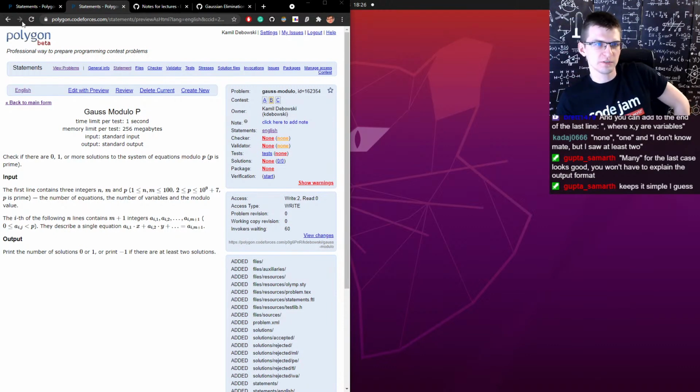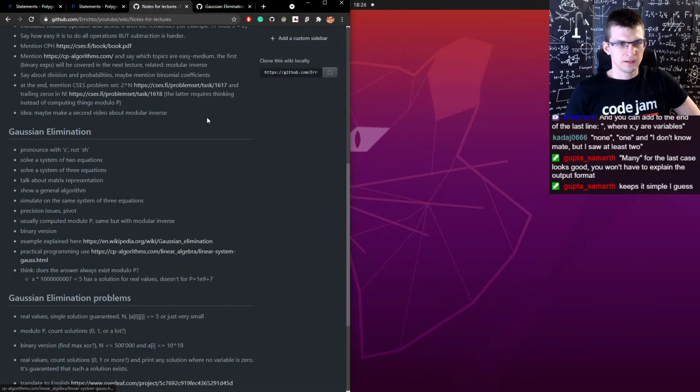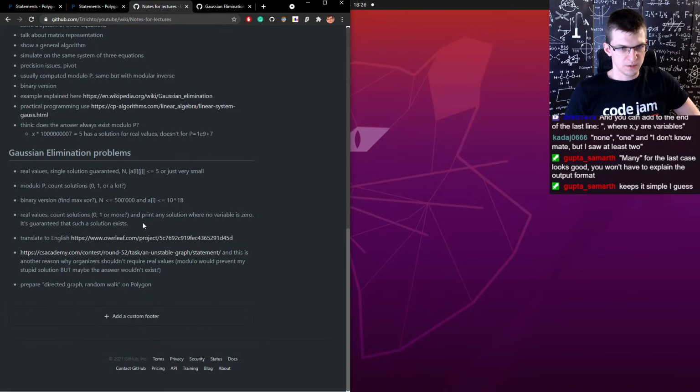Didn't I have an idea for this somewhere in notes? And this is the thing from a week ago. I had it here: real values, count solutions, and print any solution where no variable is 0.